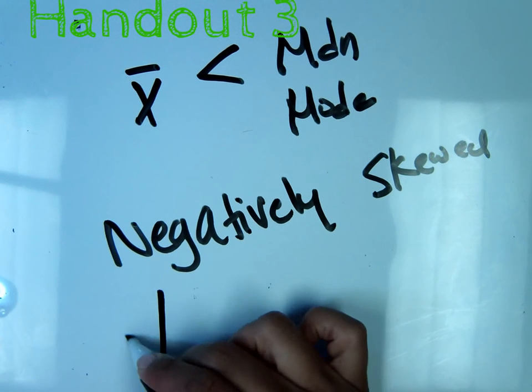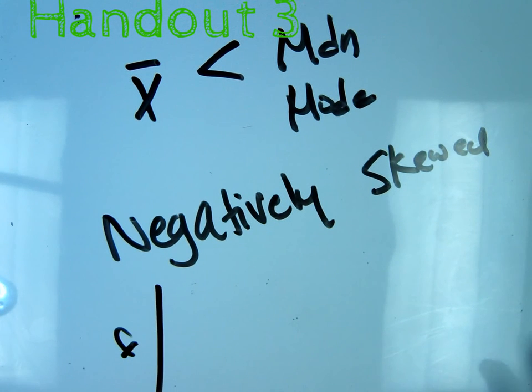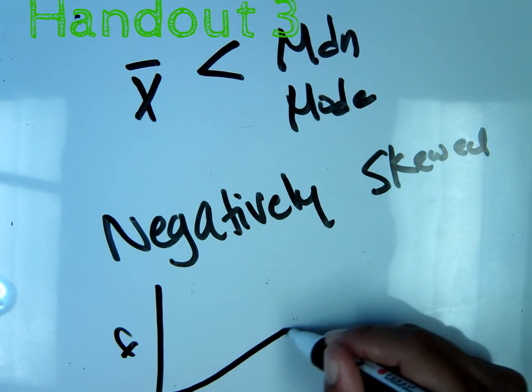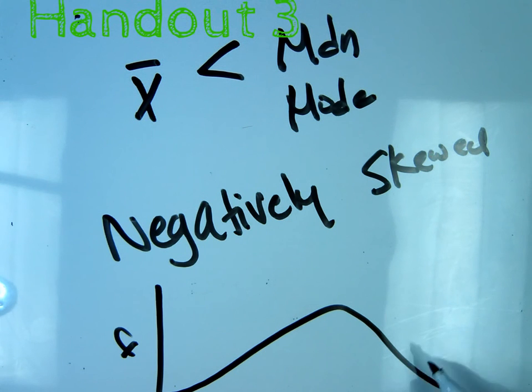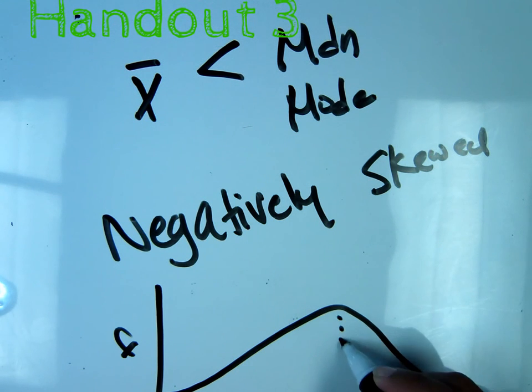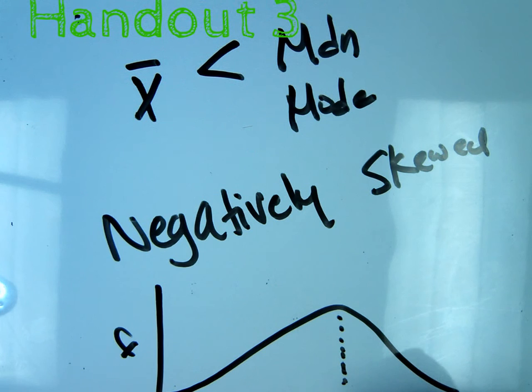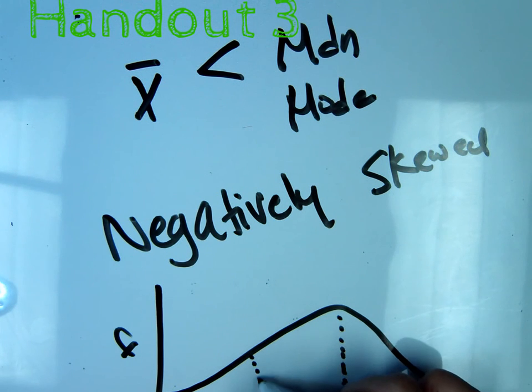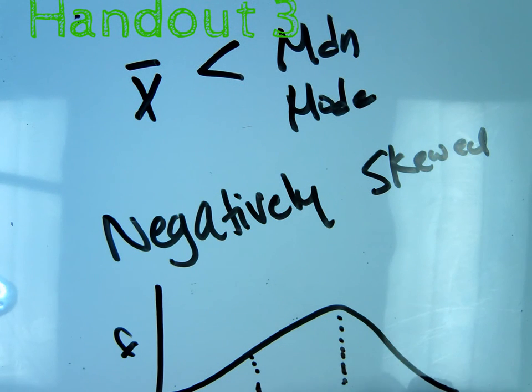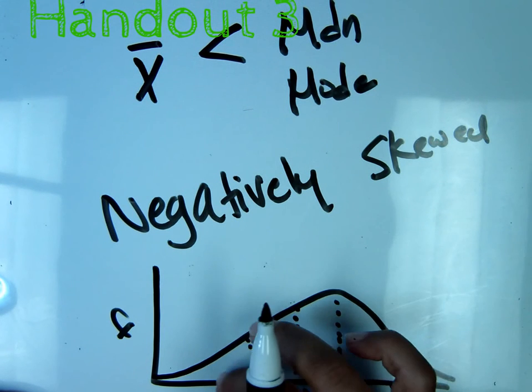This is my f here, where this is my mode, here's my x bar, and this is my median, just meaning that the x bar is being dragged down by some number.